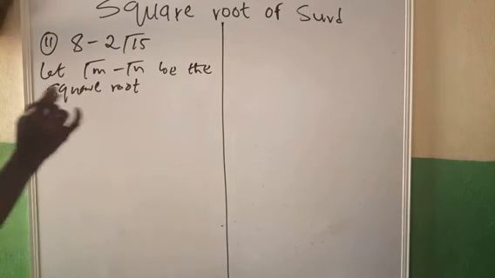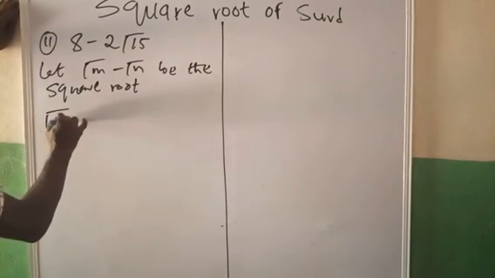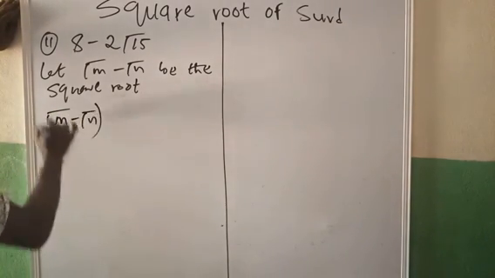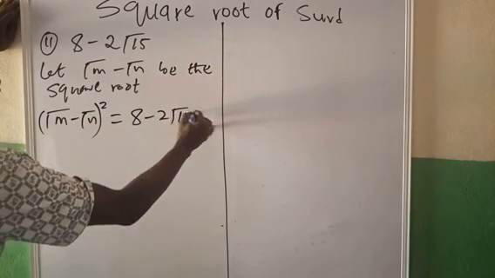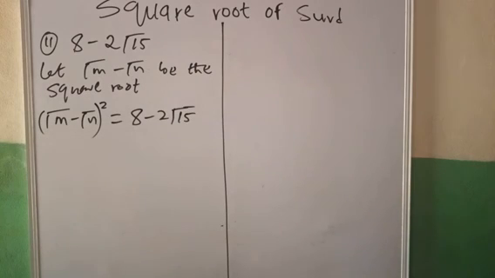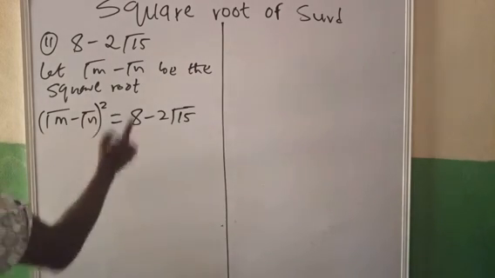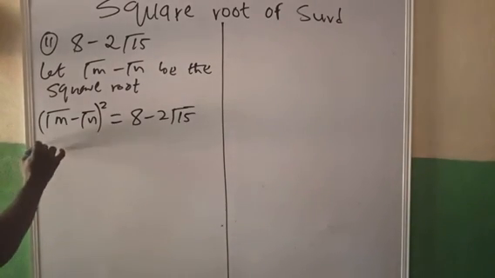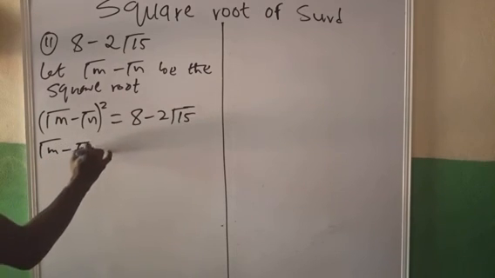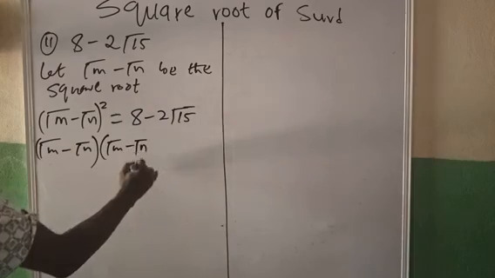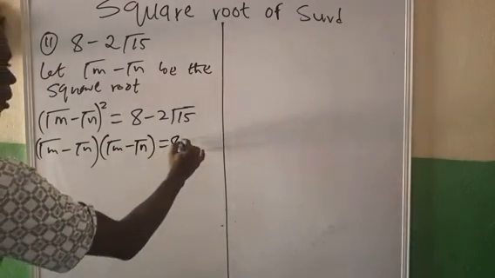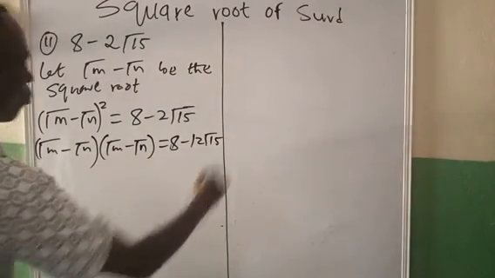So root m minus root n all squared will be equal to 8 minus 2 root 15.